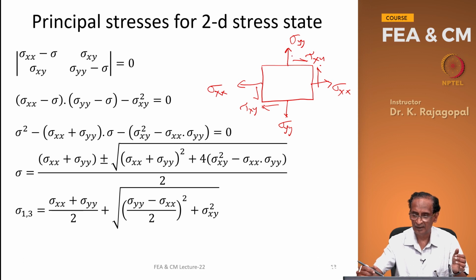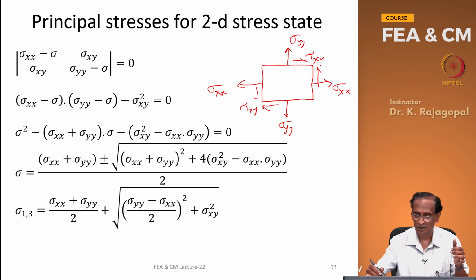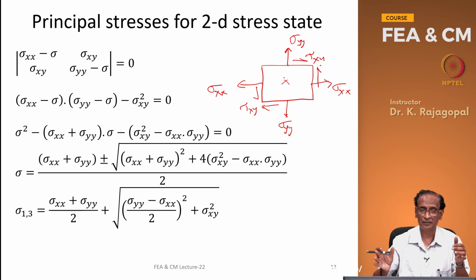So, our sigma yy, sigma xx are both tensile. So, we take them as positive, and then any shear stress that is causing clockwise moment about a point in the interior is called a positive shear stress. So, the tau xy acting on the horizontal plane is taken as positive, whereas the tau xy acting on the vertical plane is taken as negative, because that is producing anti-clockwise moment.